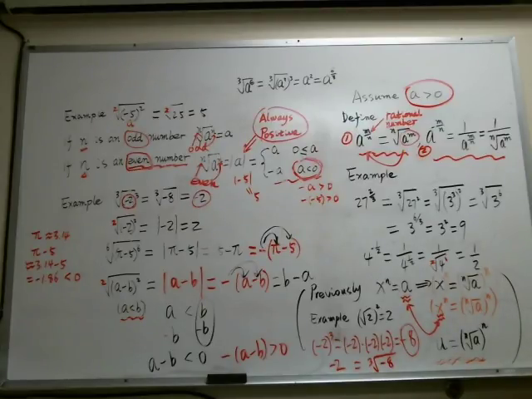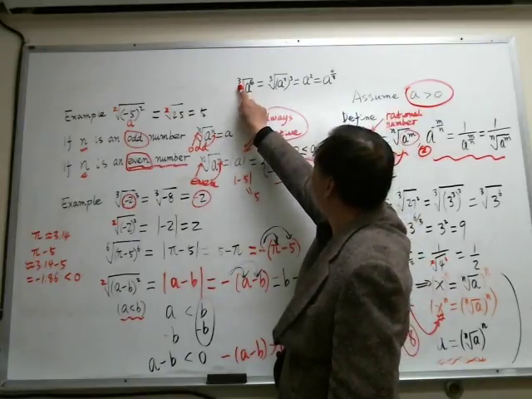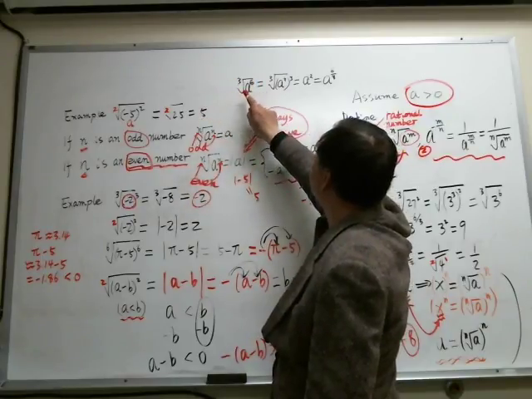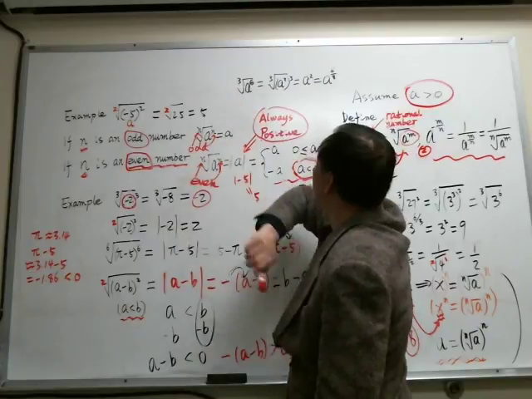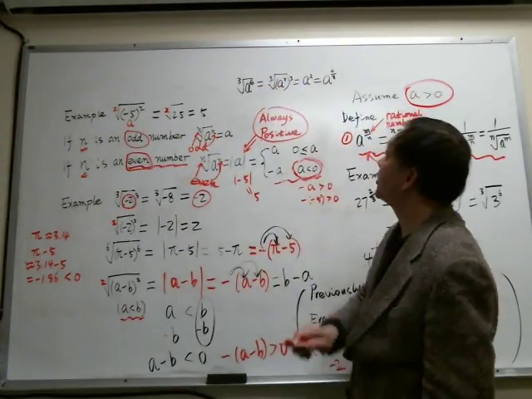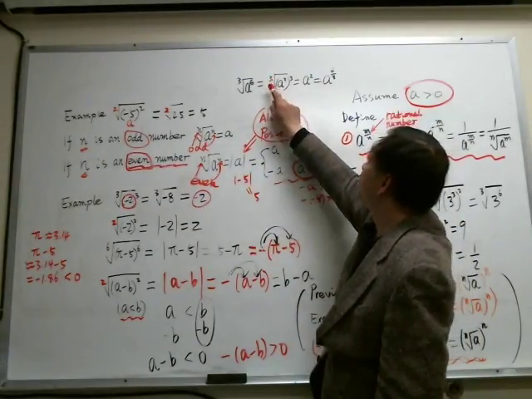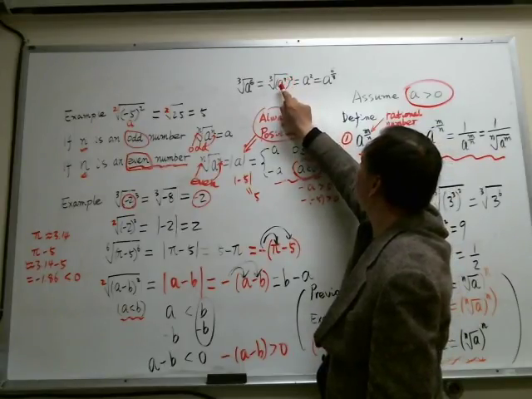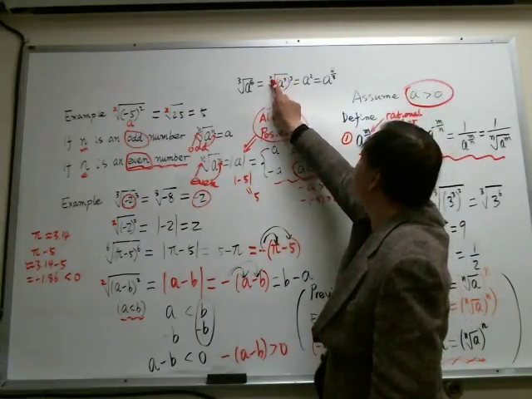Now, here we have a radical exponent of 3, and inside is a to the 6th power. We know 6 is 2 times 3 on the exponent. You see the cube root of a squared, then cubed.